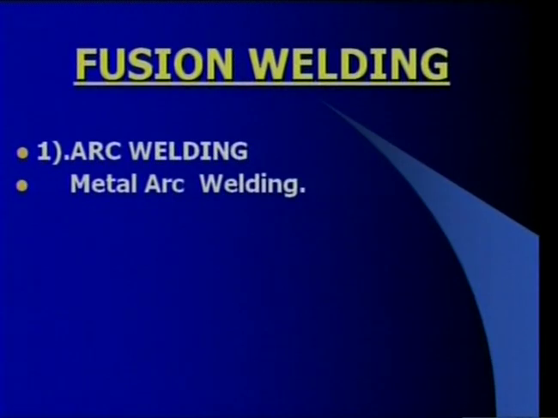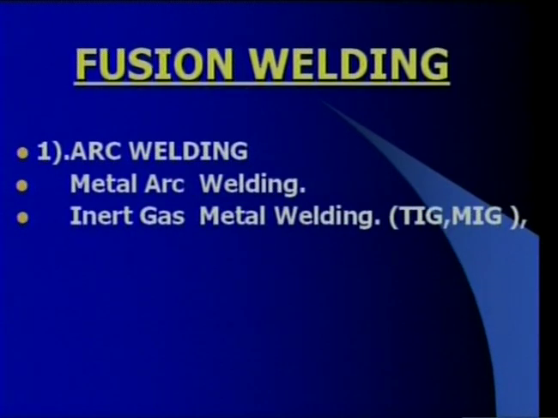In this we will see arc welding. There are different types of arc welding, metal arc welding and inert gas metal welding. Inert means we are making use of inert gases such as helium and some other inert gases.